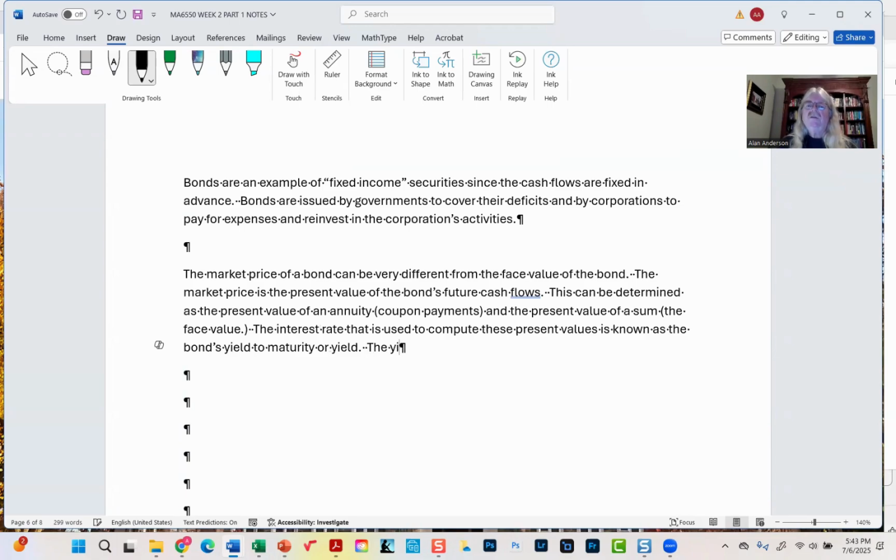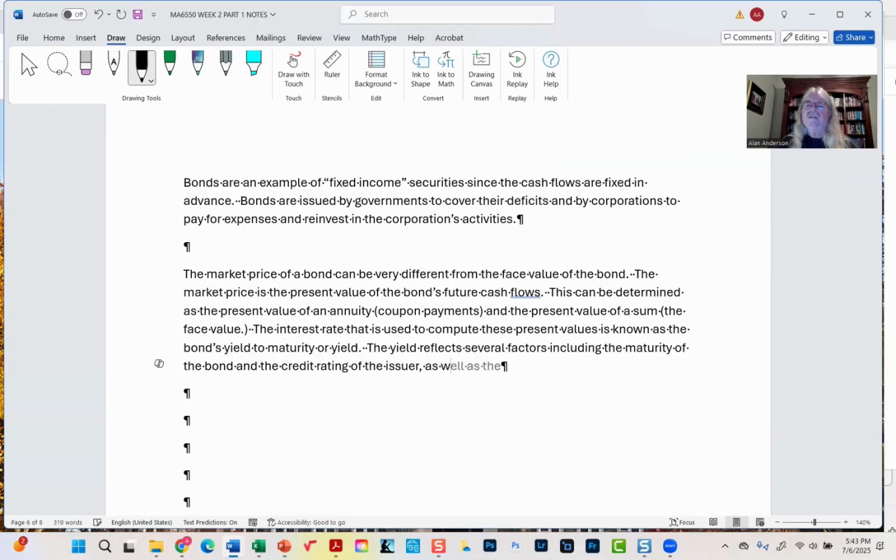The yield reflects several factors, including the maturity of the bond and the credit rating of the issuer, as well as the overall level of interest rates in the economy.